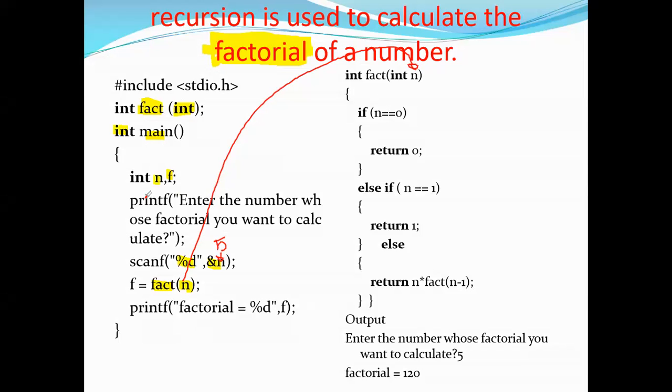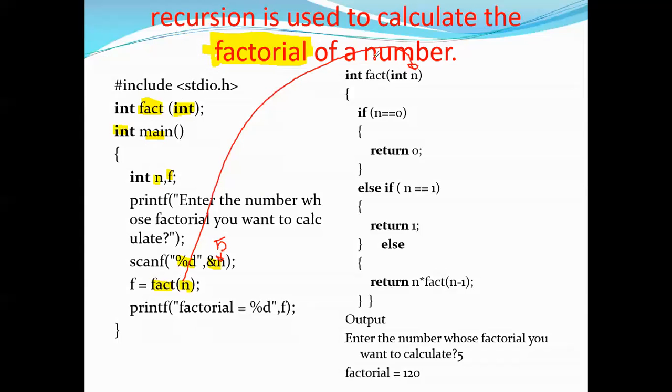Okay, here two variables have been declared: one is n and the second is f. f stores the factorial of the number; after calculation, the result is stored in f. When we call factorial, it moves to the fact function: first the return type, then the function name, and the argument data type integer and n.